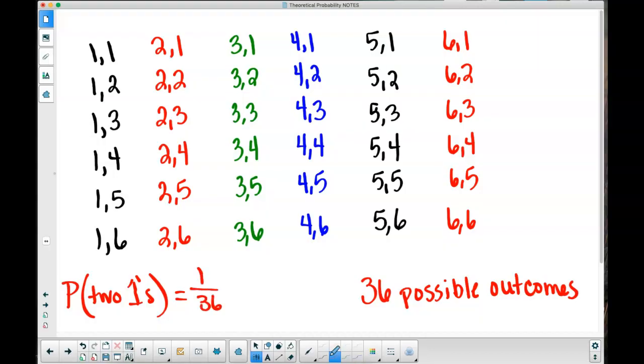And now remember, we're still going to change that into a percent. So 1 divided by 36 is 2.8%. Is that a very good chance of rolling 2 ones? No, not really.